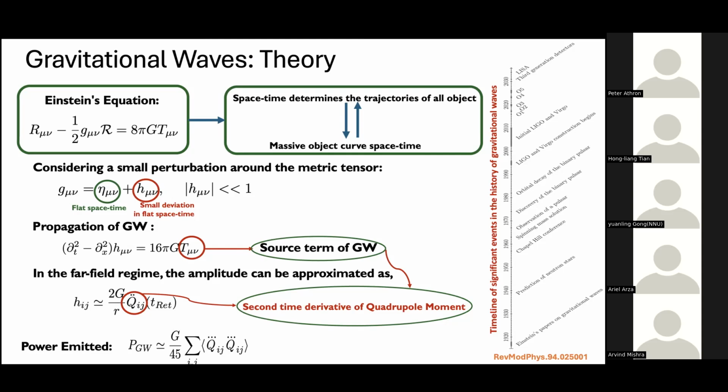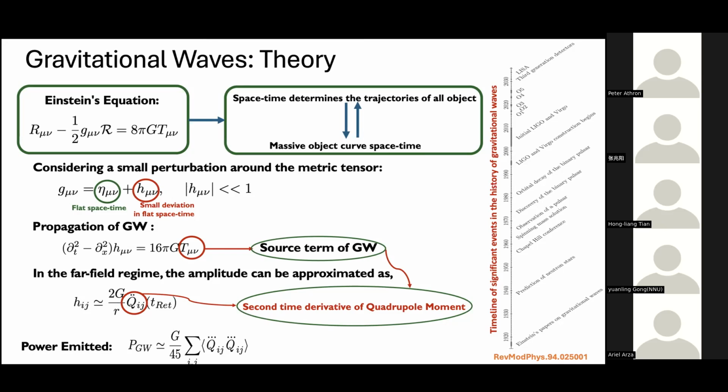Now, if we consider the far field regime, that means we are quite far away from the source where it was produced, one can approximate the amplitude of the gravitational wave in the following way, where Q is the quadrupole moment, and the amplitude depends on the second derivative of the quadrupole moment.